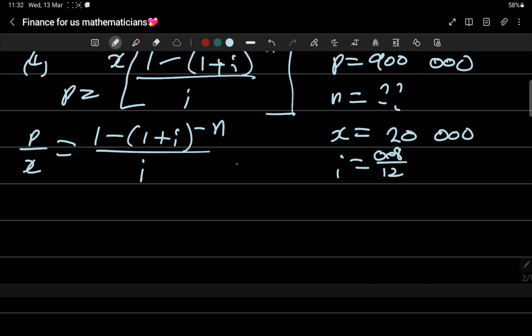Multiply both sides by I, so it cancels on the right and on the left. On the left we have P times I over X equals 1 minus 1 plus I to the negative n.